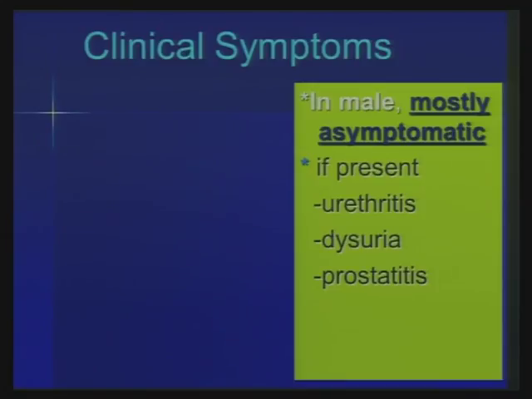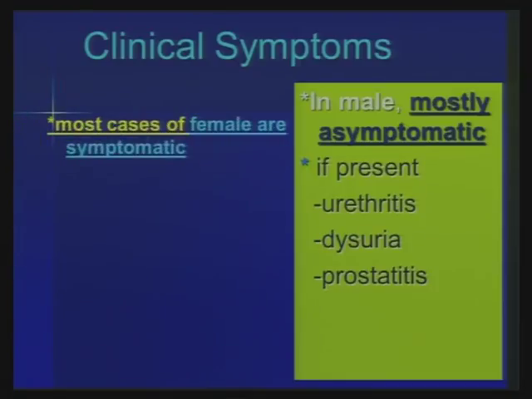So most of them are asymptomatic here. But if present, it's very mild symptoms of urethritis, dysuria, and prostatitis. So very normal, minor for male. Even they wouldn't complain much compared with female. But for female, most of them are symptomatic.